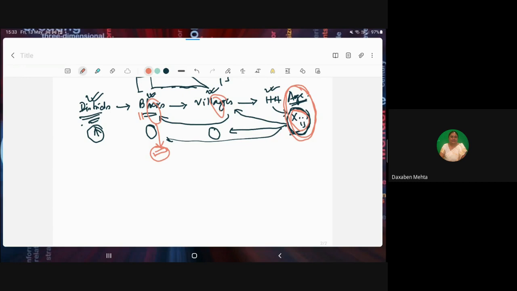So we can write the relationship this way. Suppose a specific age is xij, that is the value of the observation. How is it related with the population mean?